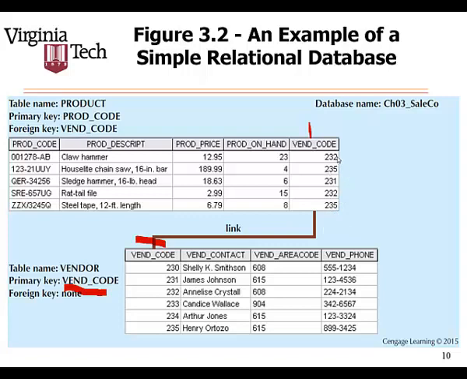So here we see that a claw hammer was made by vendor code 232. And the house light chainsaw 16-inch bar was made by Henry Ortozzo, or the vendor code 235, and the contact information, the contact is Henry Ortozzo.